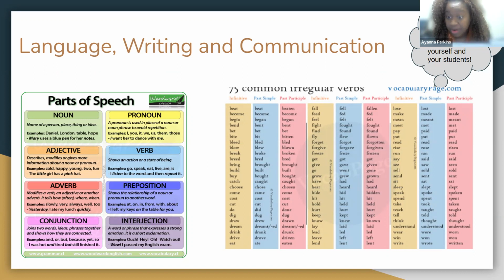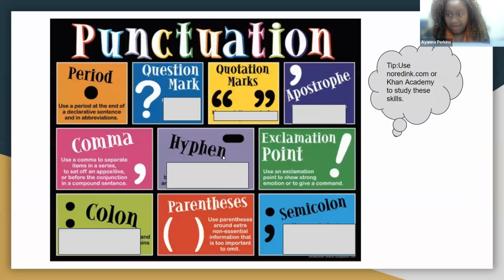There are also some irregular verbs, and you want to be pretty familiar with those so you can help your students learn them as well. Punctuation is a big one, particularly on this test, so be sure you're familiar with the punctuation. You can use noredink.com or Khan Academy to study these skills. They're simple, and those two systems will allow you to practice at your own pace.